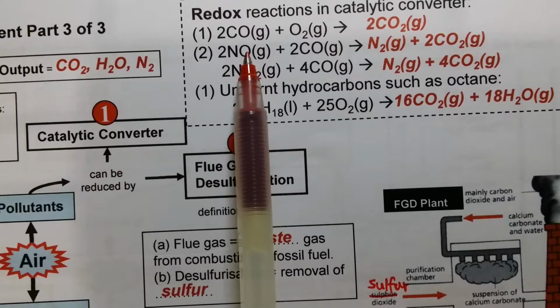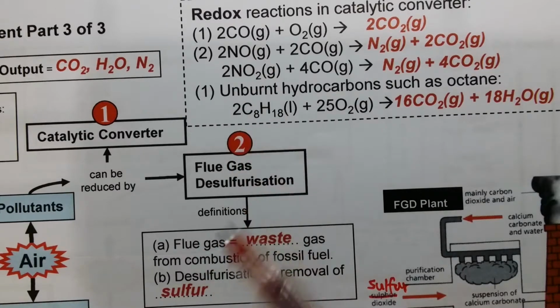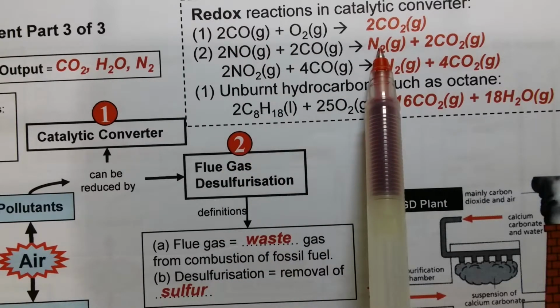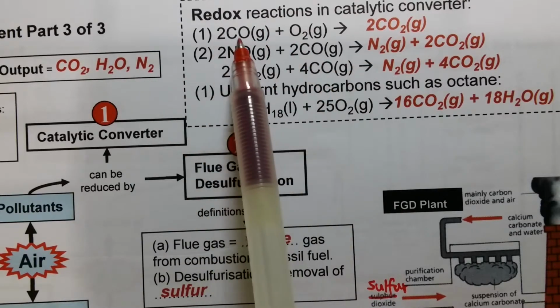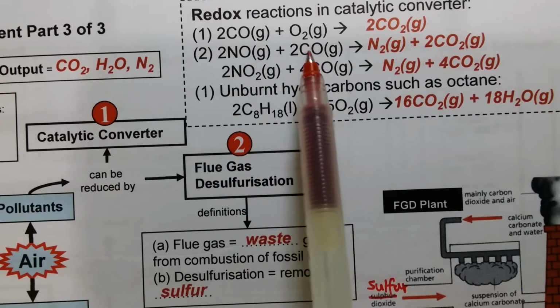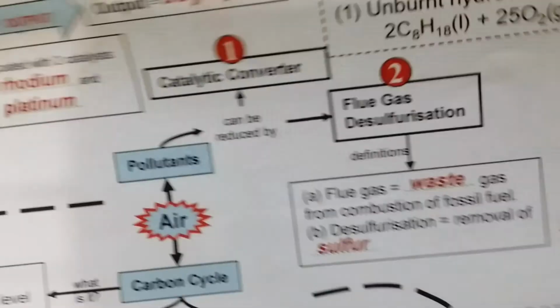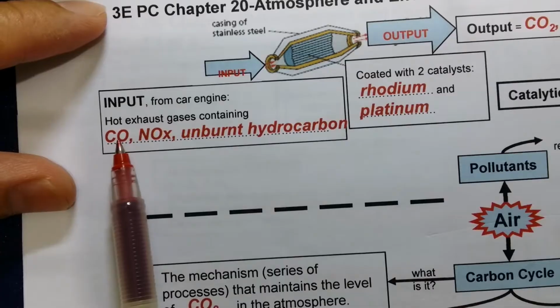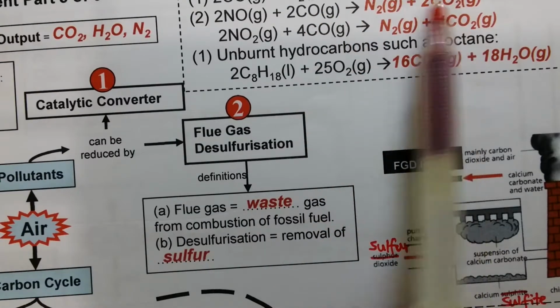And of course, for nitrogen oxides, nitrogen dioxide would be reduced to nitrogen, and carbon monoxide, also part of the hot exhaust gases from the car engine, would be oxidized.